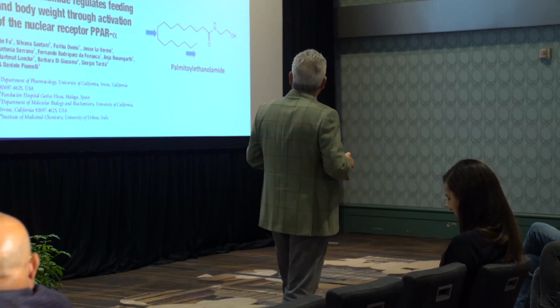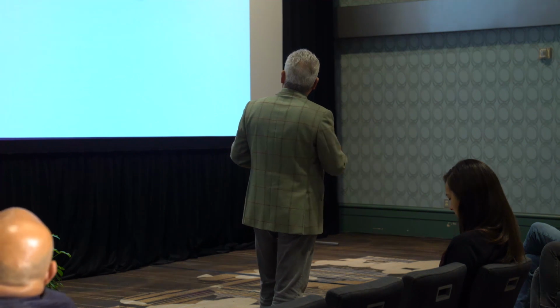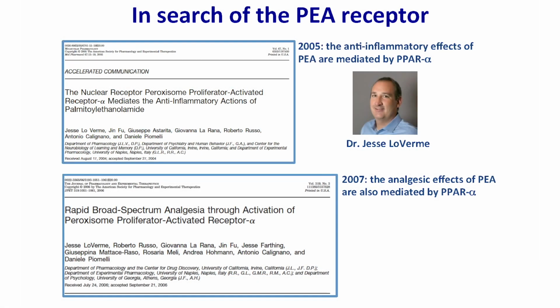And that is when a young student joined my lab. His name is Jesse Loverme. He's now at AbbVie. I asked Jesse, let's try and test this idea. Sure enough, after a couple of years of work, as part of his thesis, an amazing thesis, he discovered in 2005 that the anti-inflammatory effects of PEA, which had been known since the 1950s, are entirely mediated by PPAR-alpha.